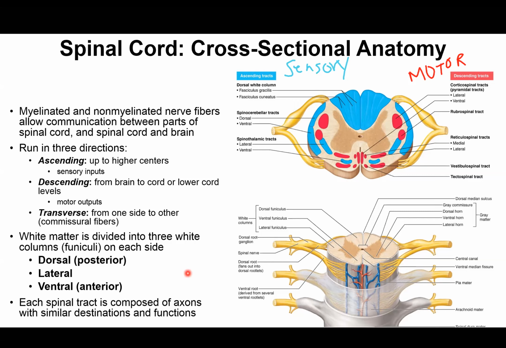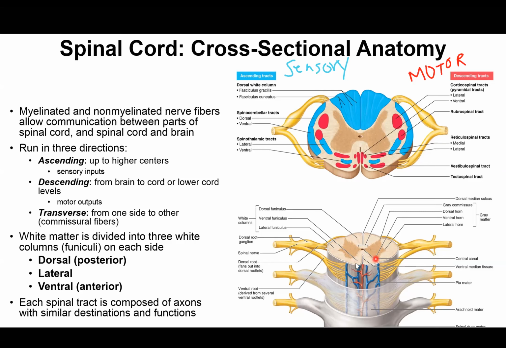In terms of the white matter, it's going to be divided into 3 columns, located on each side. We're going to have the dorsal columns, the dorsal funiculus. Here, we're going to have the lateral funiculus, and the ventral funiculus here.